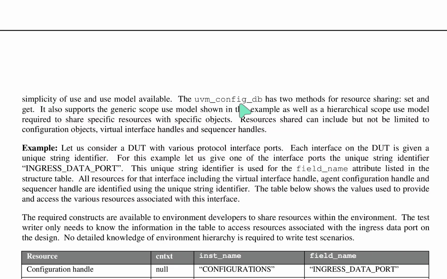The UVM_config_db has two methods for resource sharing, set and get. It also supports the generic scope use model shown in this example, as well as a hierarchical scope use model required to share specific resources with a specific object. Resources shared can include, but are not limited to, configuration objects, virtual interface handles, and sequencer handles.